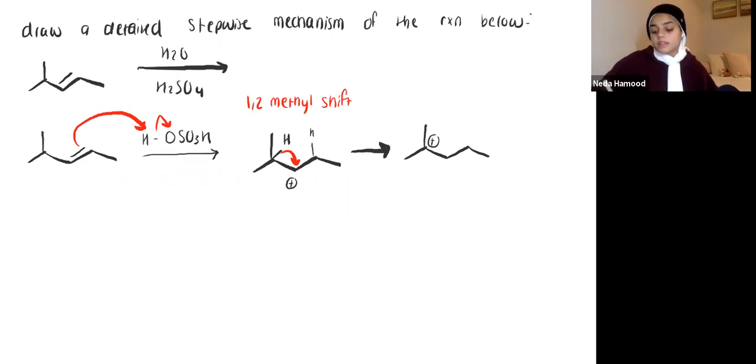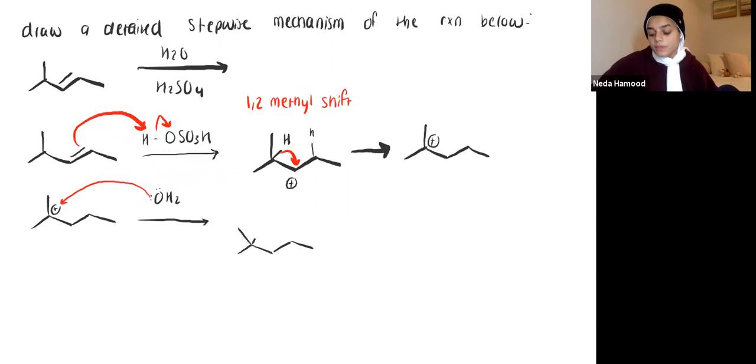And then from here, I'm just redrawing the molecule down here. We can have our water come and act as its own nucleophile like that. And then after that, we have OH attached to another hydrogen.